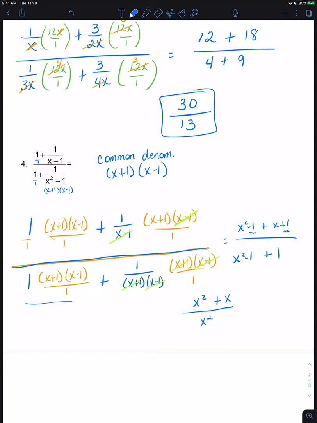Well, I see on the top that both terms have an x, so I can factor out that x, and that would leave me with x plus 1 all over an x squared, which remember is x times x. So those x's will reduce with each other to 1, leaving us with the final answer of x plus 1 over x.